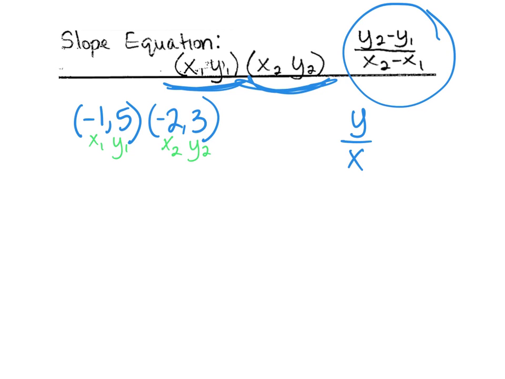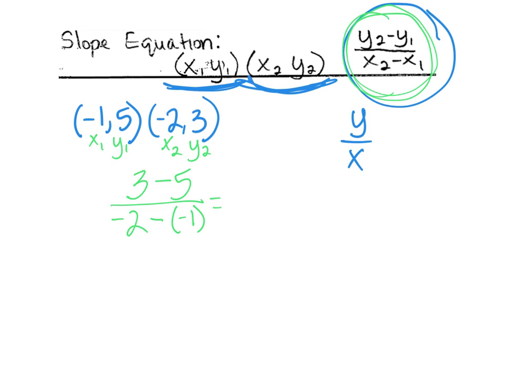So what I need to do now is I need to subtract the y's. You go in any order that you feel confident doing. I have set up this y2 minus y1 because I think that starting with the second ordered pair helps. y2, 3, minus y1, 5, over x2, -2, minus x1. Be careful because it's a -1.